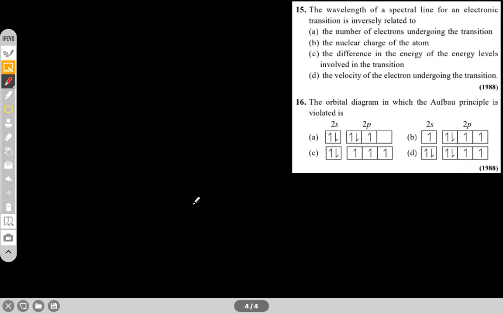See this, the wavelength of a spectral line for an electronic transition is inversely related to, the options are given. Okay, so wavelength we know is lambda.